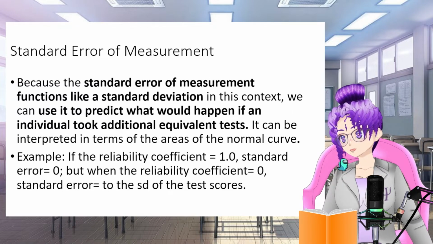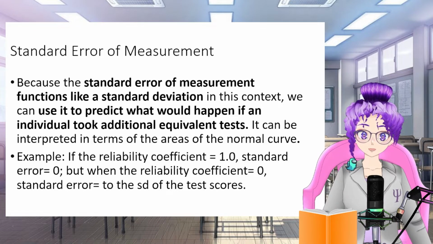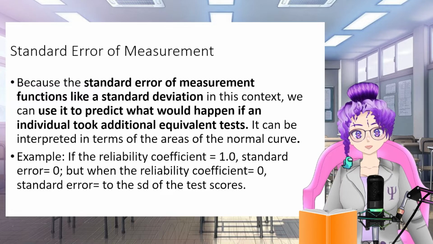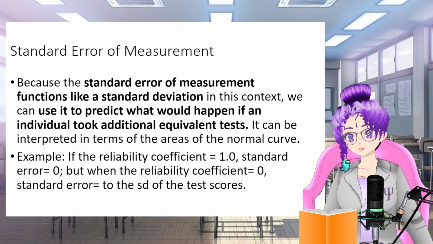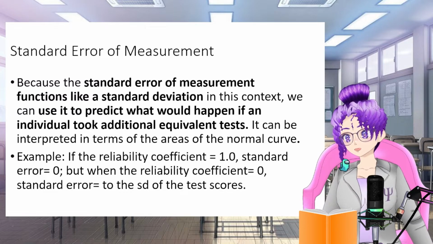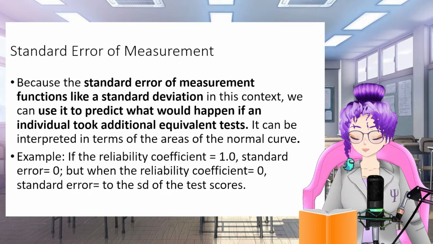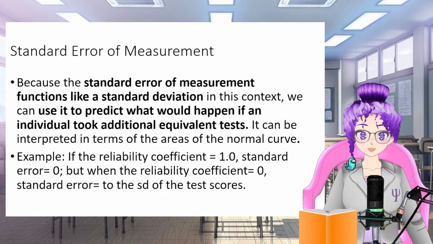Because the standard error of measurement functions like a standard deviation, in this context, we can use it to predict what would happen if an individual took additional equivalent tests. It can be interpreted in terms of the areas of the normal curve. For example, if the reliability coefficient is equal to 1.0, then the standard error is equal to 0.